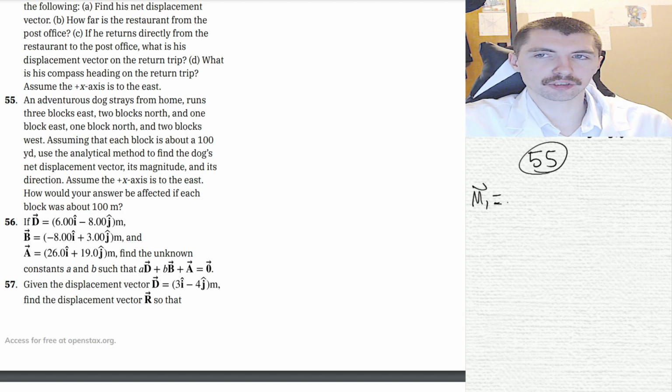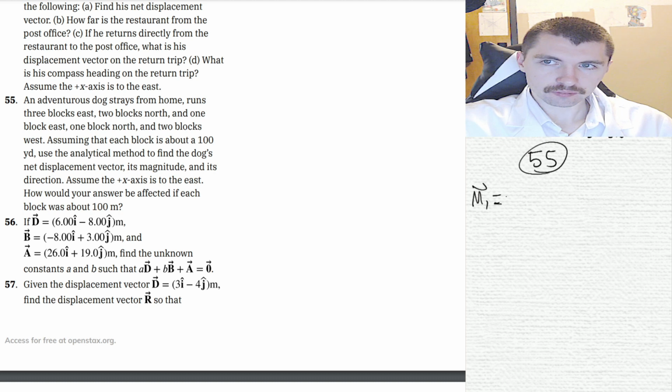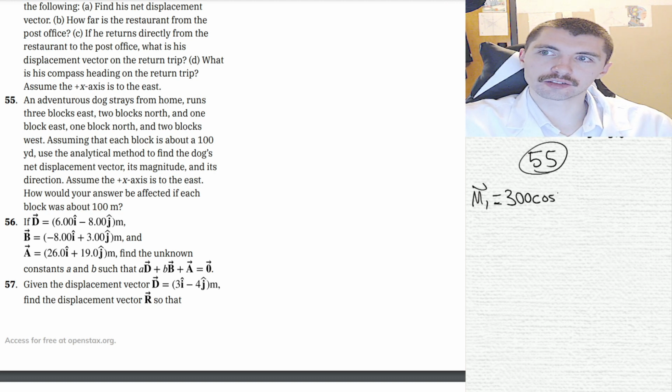Okay, so pretty much the same thing. So first move, he goes 3 east. So 300 yards east. So that's 0.